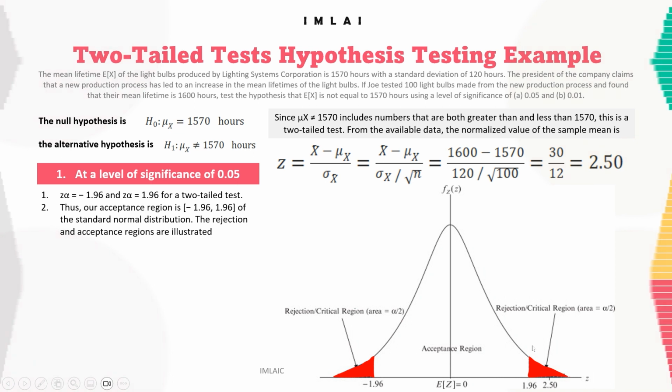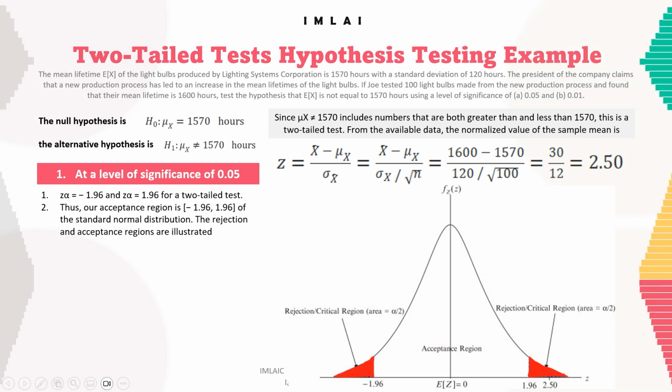That's because it's a two-tailed test. So my critical values are minus 1.96 and plus 1.96. What is my z-score? My z-statistic from the experimental data calculation is 2.50.